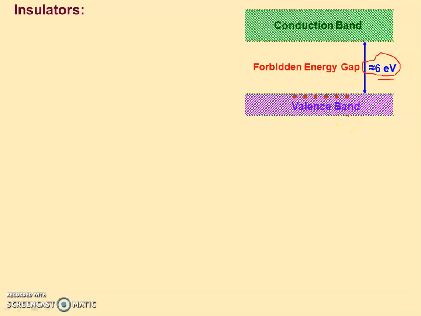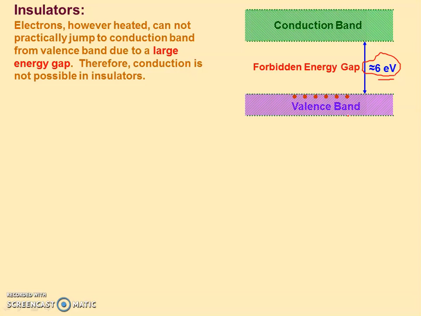It means there will not be any conducting electron, or there will be no free electron in the insulator. So the electrons, however heated, cannot practically jump to the conduction band from valence band due to the large energy gap. Therefore, conduction is not possible in the insulator.